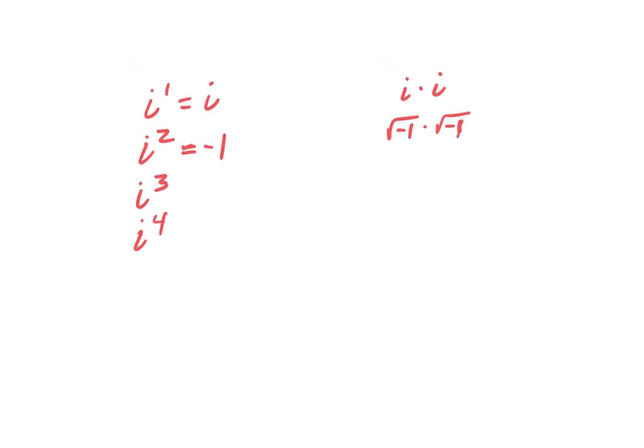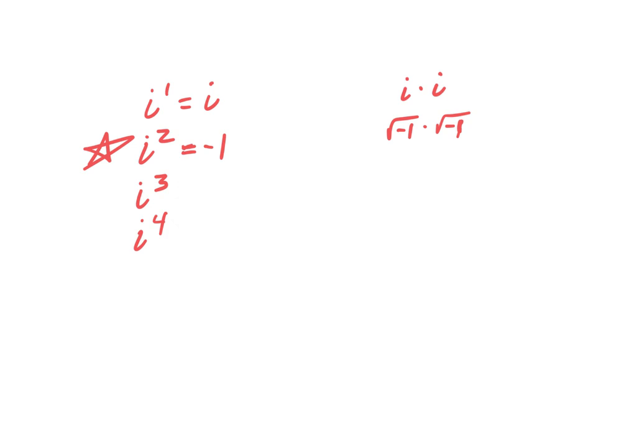I'm going to put a big star by this one because we have to know it. We're going to see this happen over and over again throughout this chapter. Whenever I see an i squared, I'm immediately going to change that to -1. We never want to leave an answer with an i squared in it. So that's really the big one out of these powers of i. i squared is equal to -1. Got to know that.